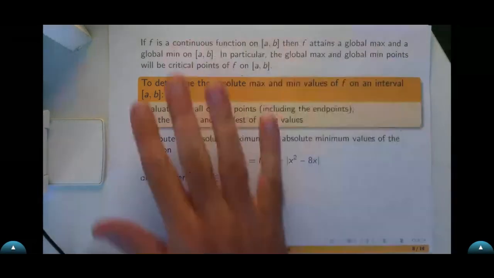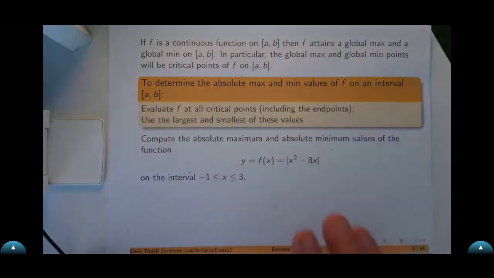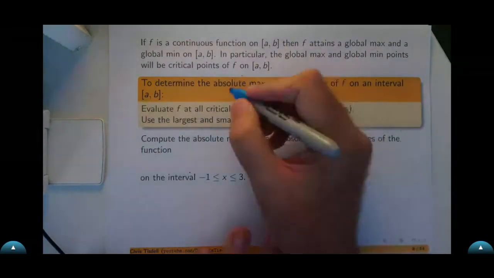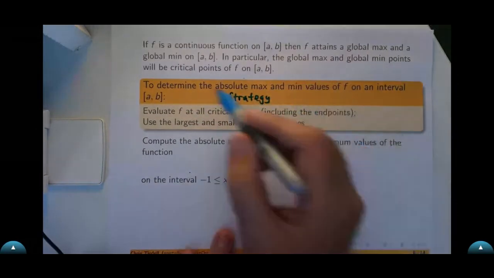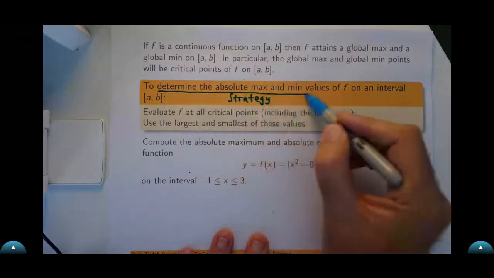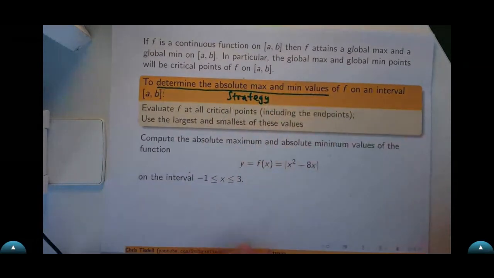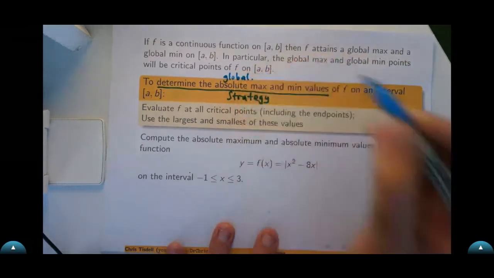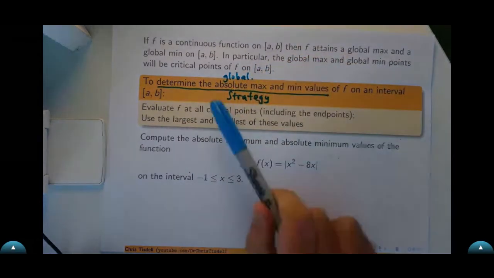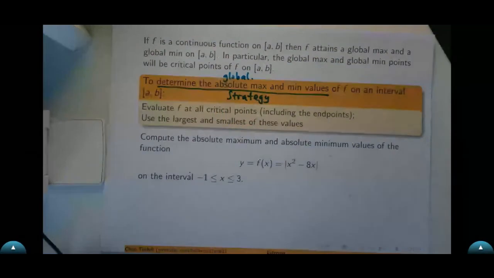So this is a strategy, if you like, for determining absolute max and min values, right? Or global. Sometimes we use the word global as well. So absolute and global, they mean the same thing.